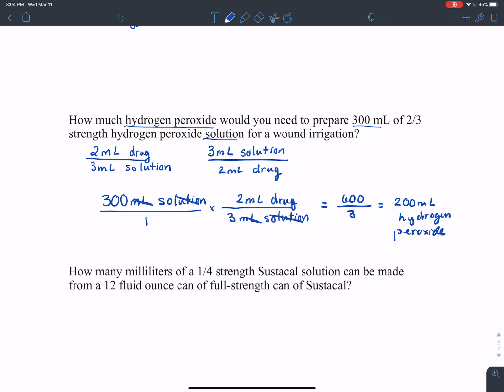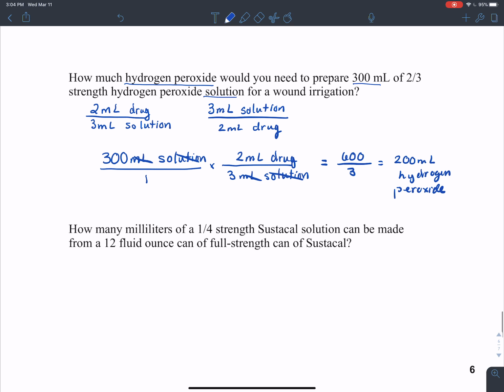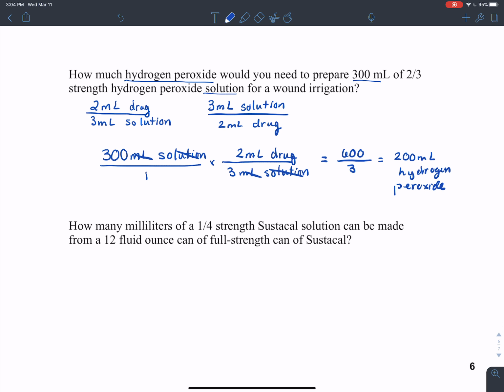The next example says how many milliliters of a 1/4 strength Sustacal solution can be made from a 12 fluid ounce can of full strength Sustacal. So if we look at this, the strength is 1/4.